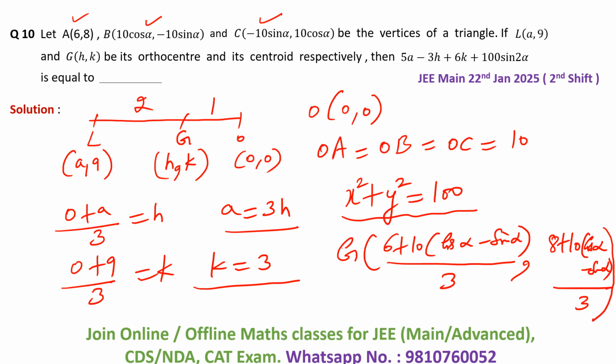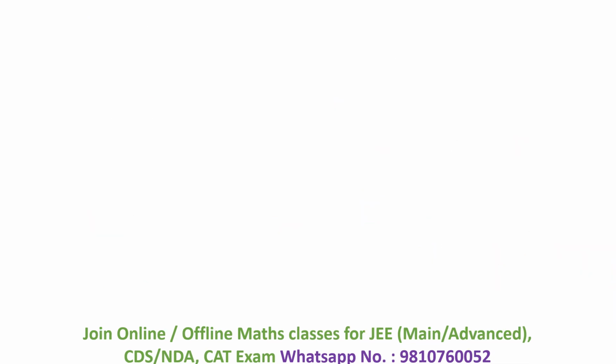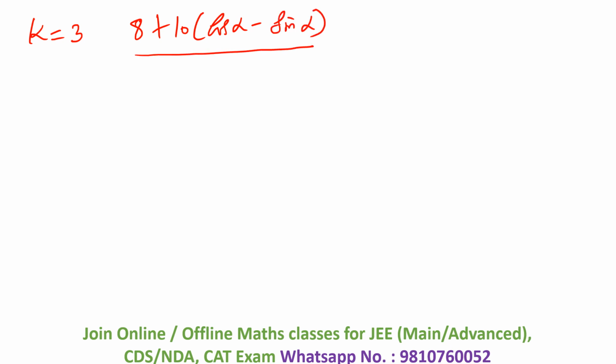Now we move further. Now students, we have got the value of k as 3, and we have also got the y coordinate of the centroid G as 8 plus 10 times (cos alpha minus sin alpha), whole divided upon 3. Now obviously both of these values must be equal to each other. So that means 8 plus 10 times (cos alpha minus sin alpha) should be equal to 9.